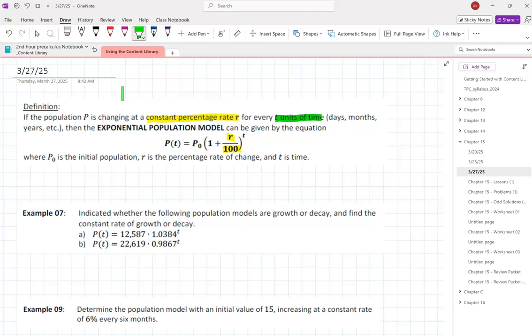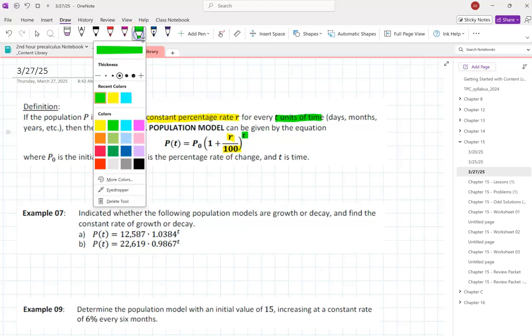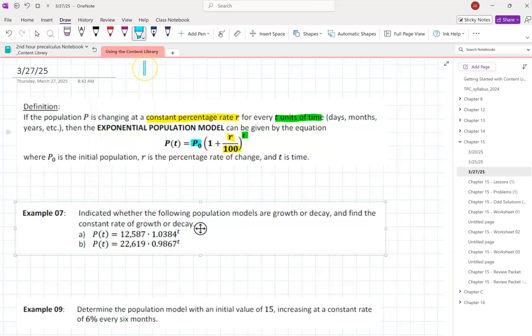It might be weird like that. And then the initial amount, your starting population, is just that P0.